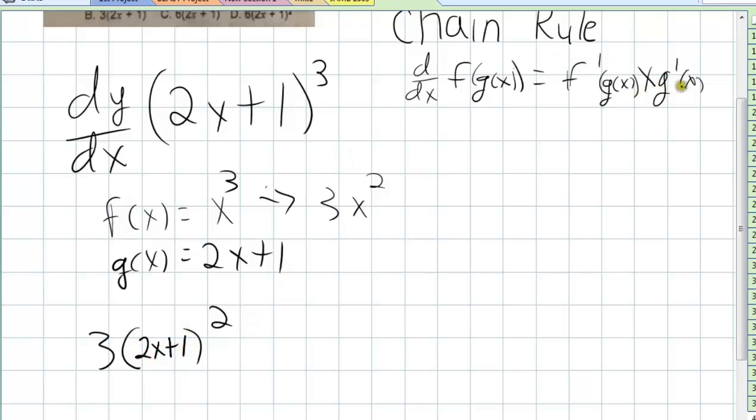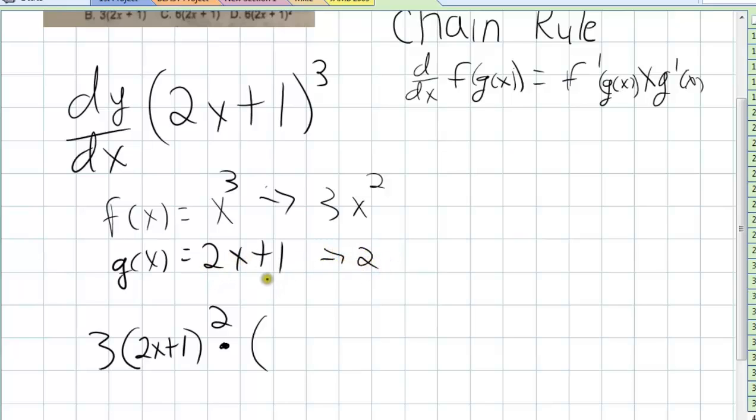And then I have to multiply it by the derivative of the inner function. I'm going to use my dot symbol to mean times because there's a variable x here and that could get confusing. So times the derivative of 2x plus 1. We know the plus 1 turns into 0, and the derivative of 2x is just 2.